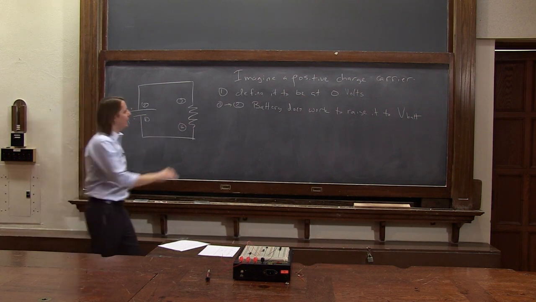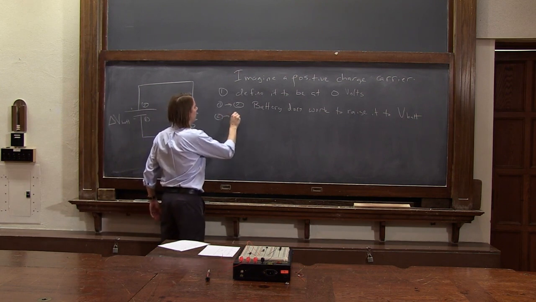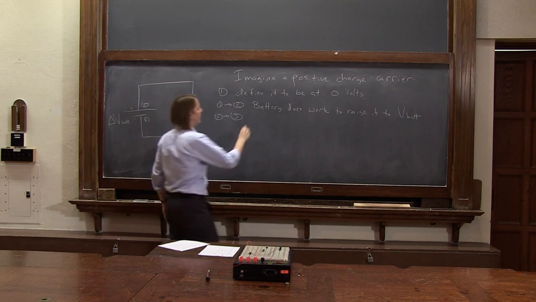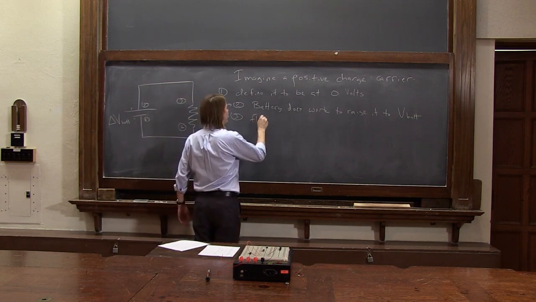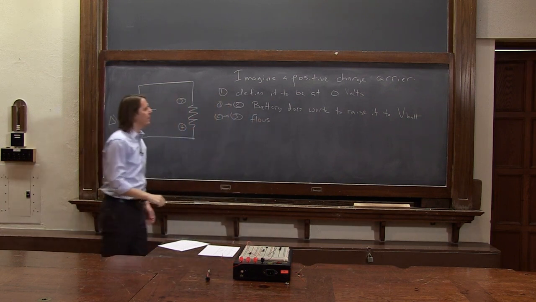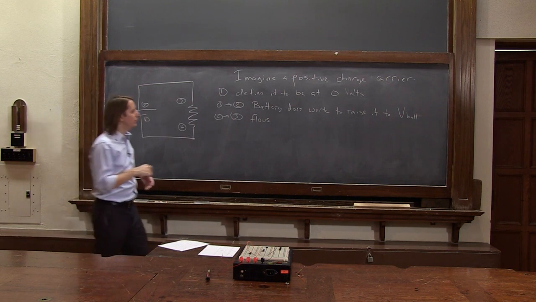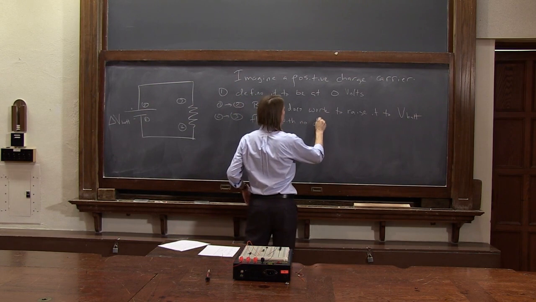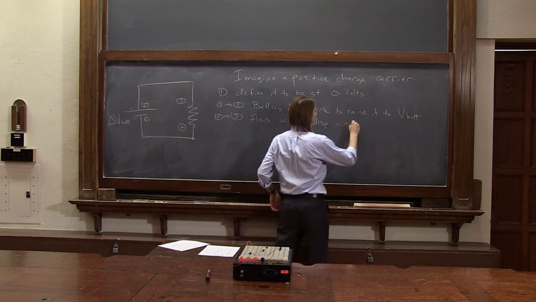Okay? From 2 to 3, it flows. So current, it flows. Actually, we're thinking of a single carrier. Let's not call it a current. The carrier flows with no drop in potential.